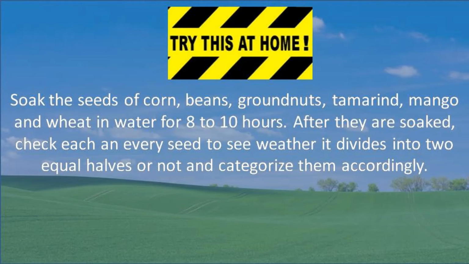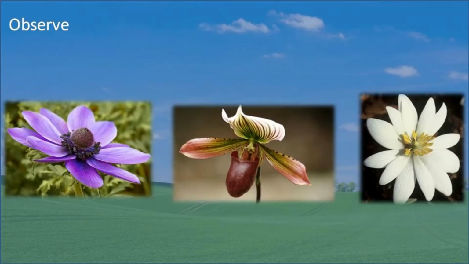On that basis, we can classify them into dicot and monocot. You may have seen many plants having two cotyledons and some having a single cotyledon. These plants are called dicotyledonous and monocotyledonous.